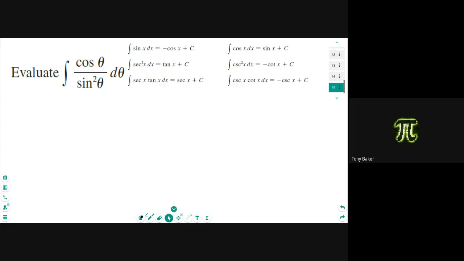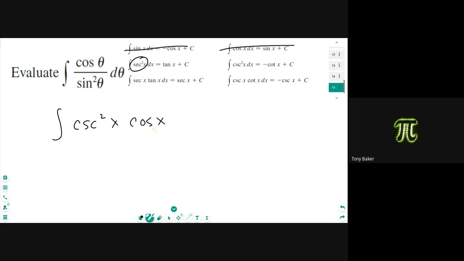So the sine's probably not going to help me. Cosine's probably not going to help me. I might be able to get secant squared x, so if I could do that, I could have secant squared x. Oh, sorry, that's cosecant squared x. Cosecant squared x, cosine x.